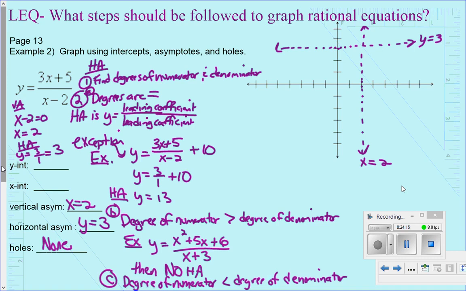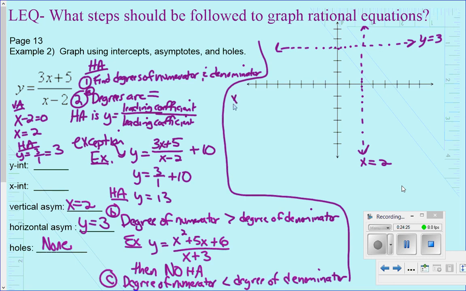So I'm going to get the x and y intercept since I need those anyway. Let's try and separate our notes a little bit here. I didn't really give myself much space. X intercept. So I'm going to set y equal to 0. So remember, anytime I want to, I can put a number over 1, and now I have a proportion that I can solve.